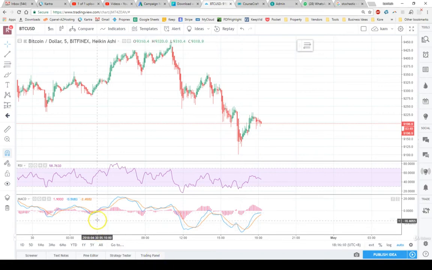What we are looking at is that we use the indicators together. So when here RSI starts moving up, I want MACD to confirm the direction. So after a while you see that MACD also crosses over and confirms that the blue line has crossed the orange line upwards, so the price is going to go up, and then from there for quite a while price does go up, right?